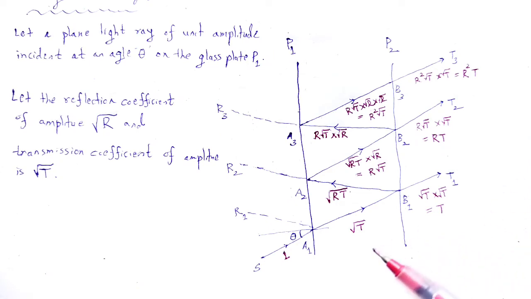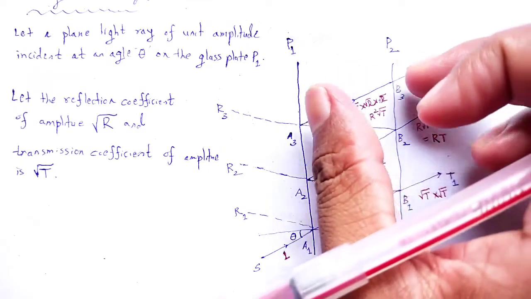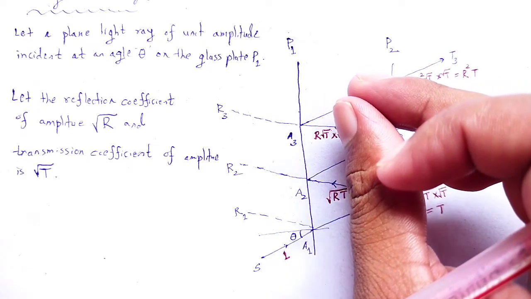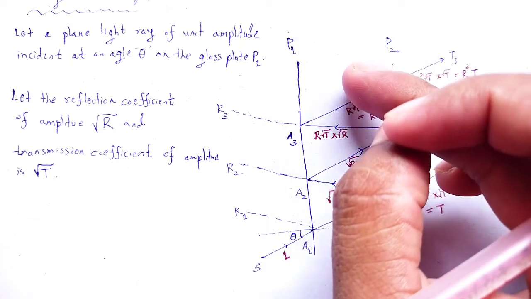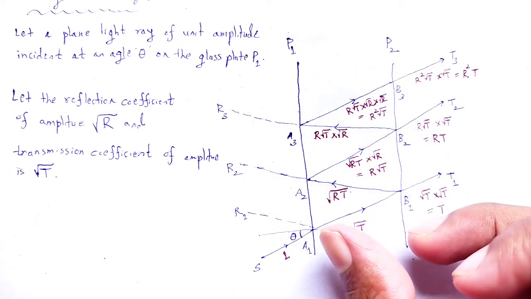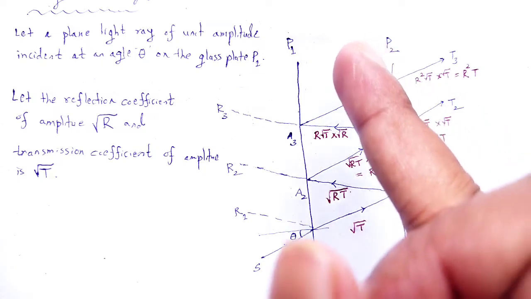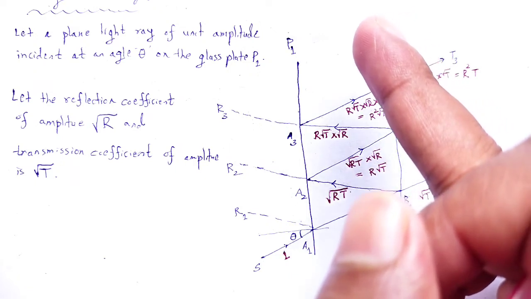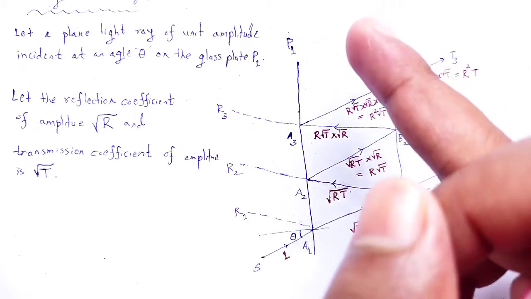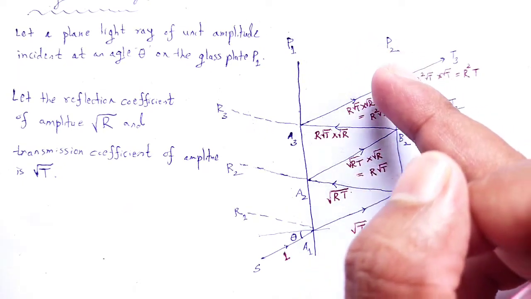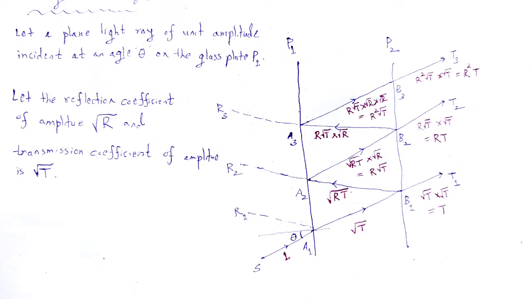Now, we take the refractive index of air. Within P1 and P2 air will be there, so the refractive index of air is 1. There is no phase change due to reflection from that of silver surface, means the reflection from rarer medium, no additional phase change, or we can say no additional path difference is introduced here. So, we write that one.